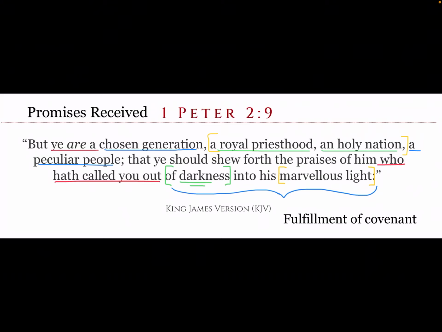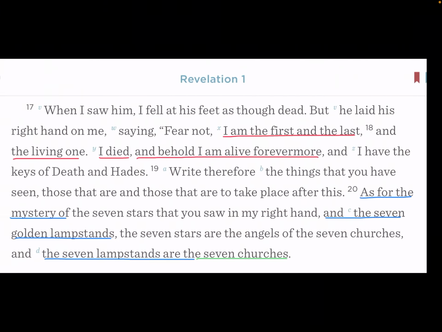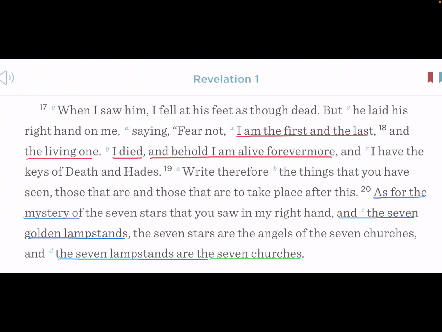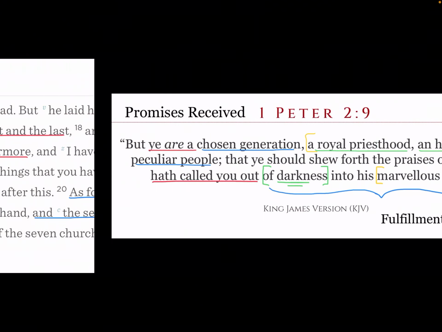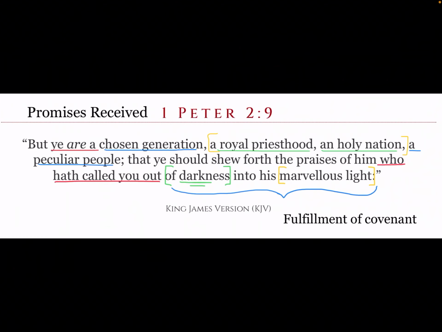And here we have Jesus's followers, the ones who are the 7 churches, the 7 lampstands. And what does he say? He says that to him who has called you out of darkness into his marvelous light.